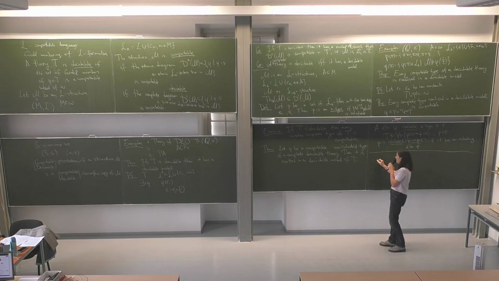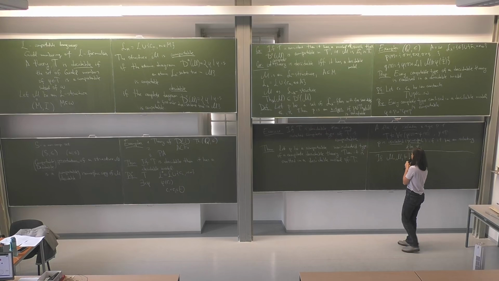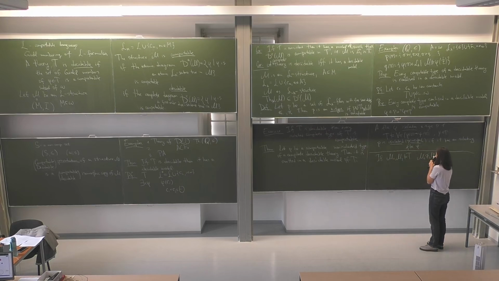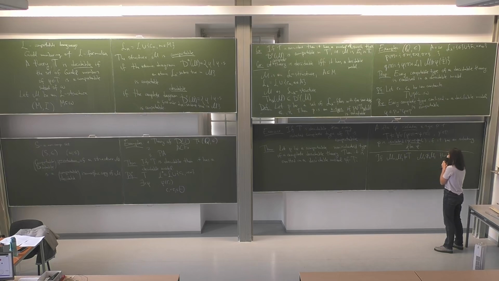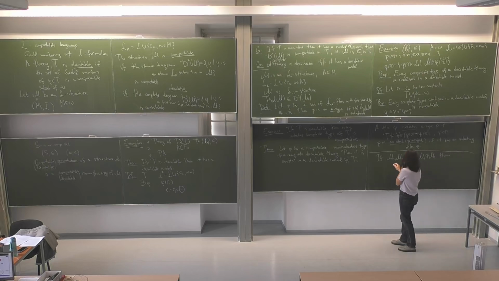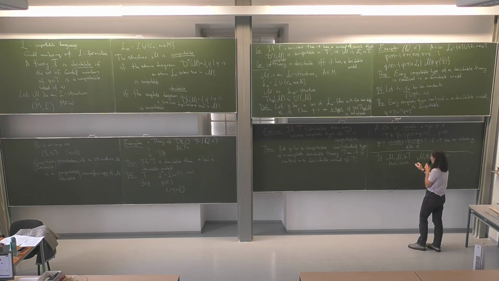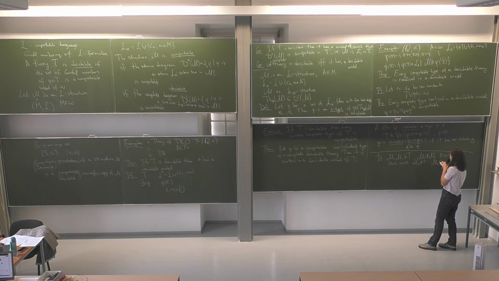So if M1, M2 are non-isomorphic models of a theory, then there exists a third non-isomorphic model: there exists M3, a model of T, and M3 is not isomorphic to either of those.